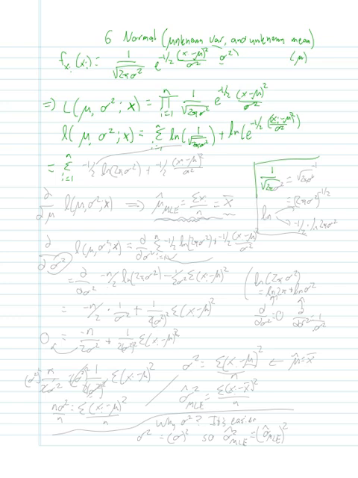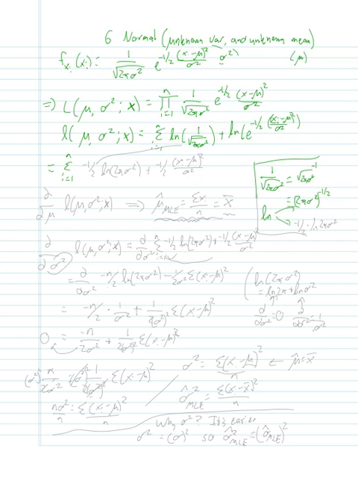now note that, side note, 1 over square root 2 pi sigma squared is equal to square root 2 pi sigma squared to negative 1, which is equal to 2 pi sigma squared to the negative 1/2 power, right?